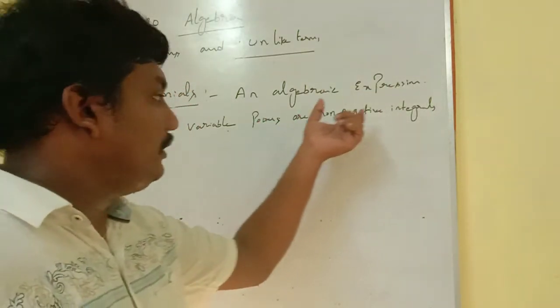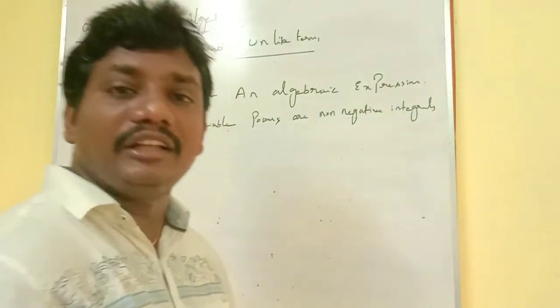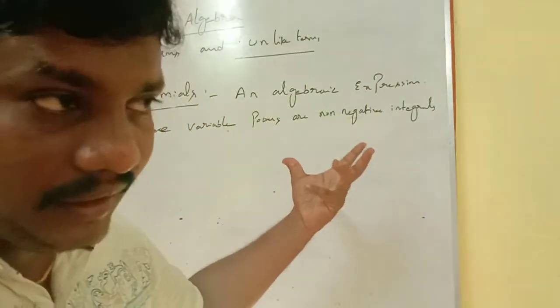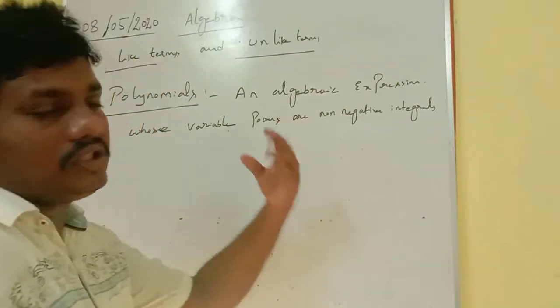Here, the variable powers decide whether it is a polynomial or a simple algebraic expression.